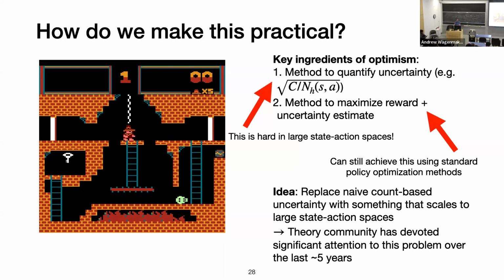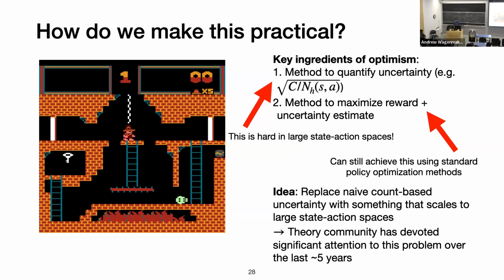There's now a pretty well-developed theory on how we can scale uncertainty quantification to more complex environments that have maybe infinite states and actions. I'm not going to go into all the theory work, although we're happy to chat more about it afterwards. Most of it relies roughly on making some assumptions on your environment that give you some way to quantify the uncertainty, and then you run some variant of optimism with this new quantification of uncertainty. That's the gist of a lot of that work.